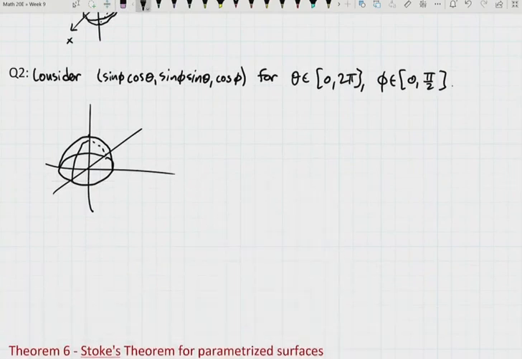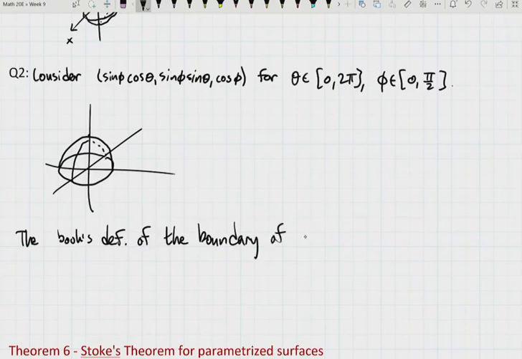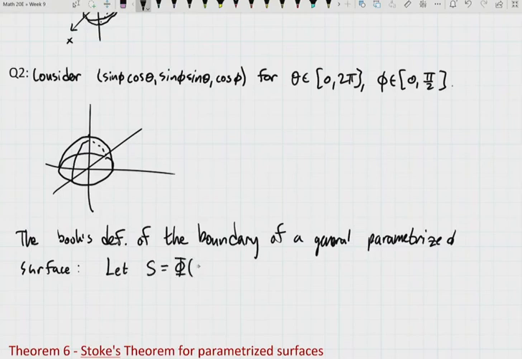Suppose that we have some parametrized surface and suppose the parametrization is 1-to-1.